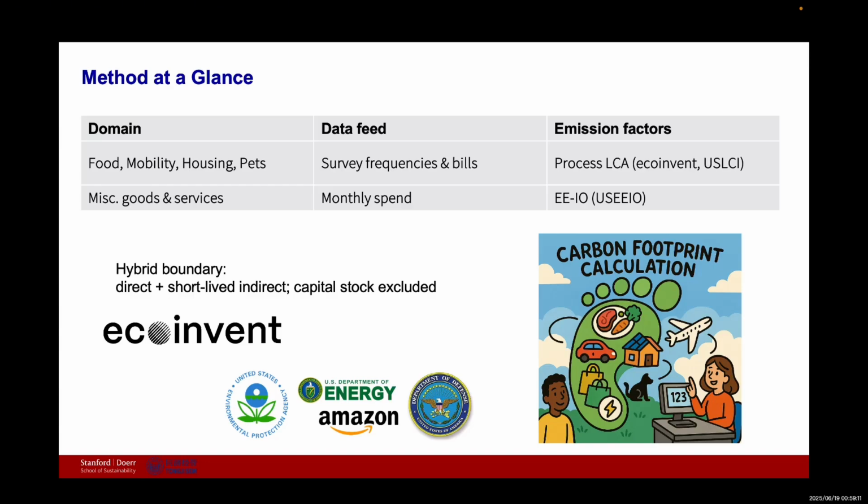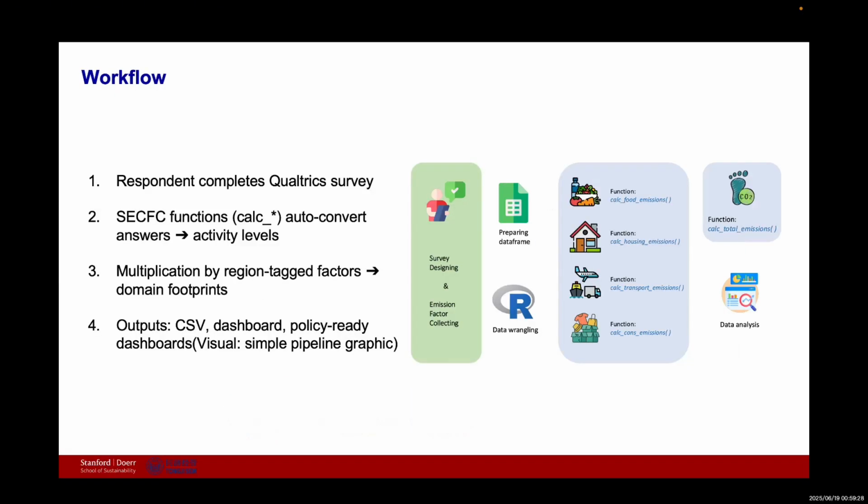The other part is to calculate the consumption of goods and services. The data is mostly from Exiobase, so we use IO, which is input-output analysis with environmental extension. The whole workflow is that the participants or respondents complete a survey in Qualtrics, and we have provided our template for this use.